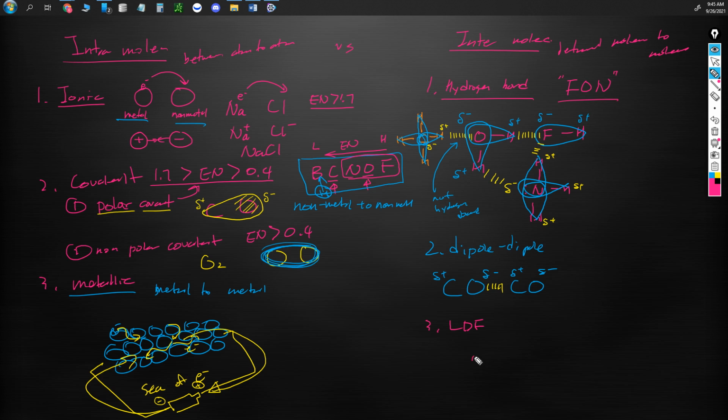If you look at the nitrogen structure, as we also saw before, nitrogen to nitrogen have exactly the same electronegativity. Therefore, what's happening here? Equally shared electrons, almost equally, right?